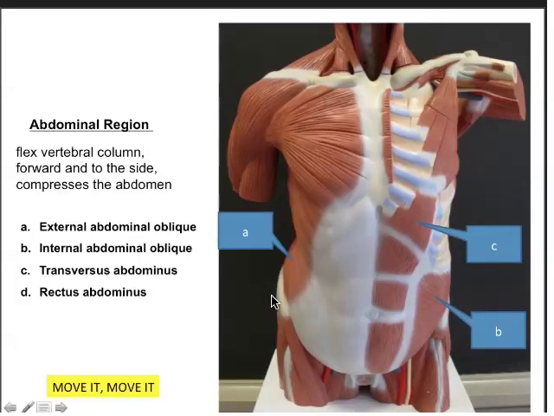So in this group of muscle names, we can start with the easy part, which is abdominal, meaning that it's found in the region below the diaphragm and above the hip. That's your abdominal region.